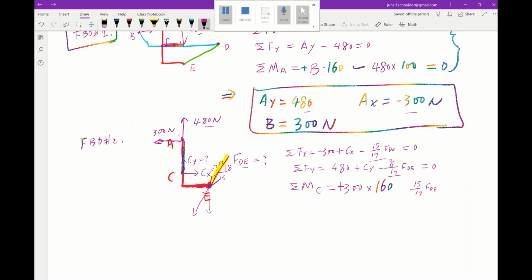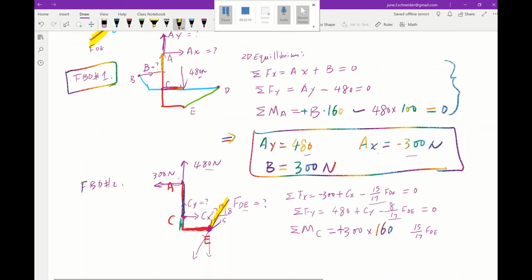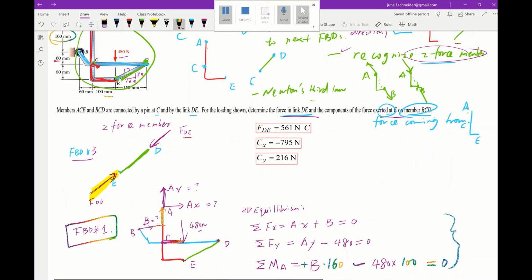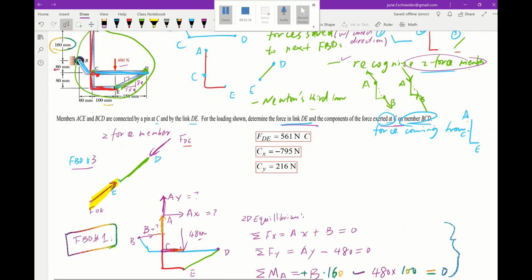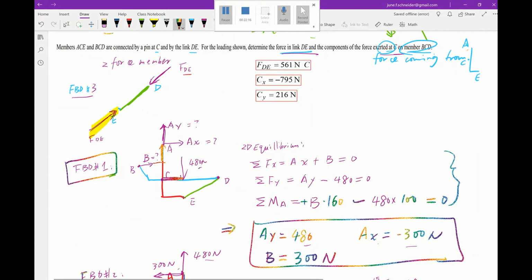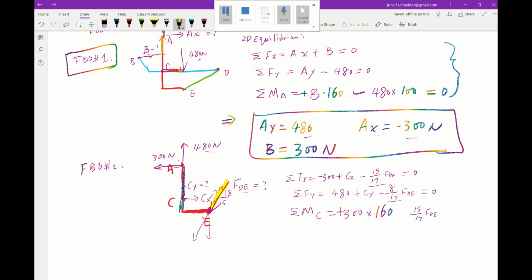That force is rotating about C, and the moment of arm is this length, this 80, corresponding to the height, so times 80. It's clockwise rotation, so that's going to be negative.